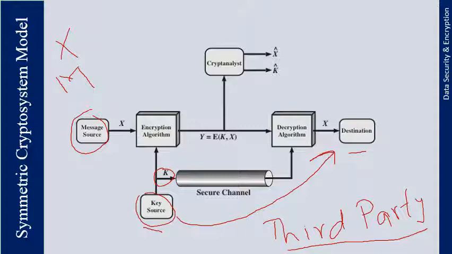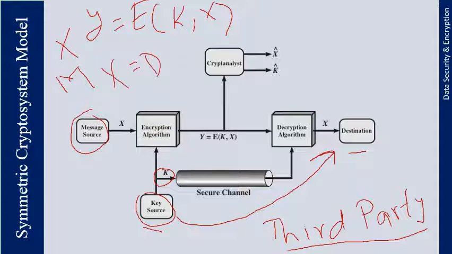As we discussed earlier, the encryption consists of an encryption algorithm, and it uses the key and the original message. Similarly, the decryption consists of a decryption algorithm, the message Y that was already ciphered, and the key K.